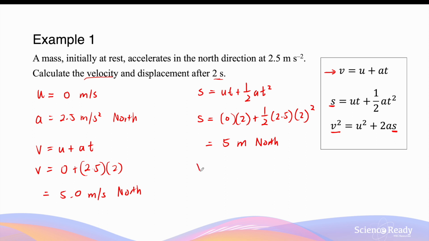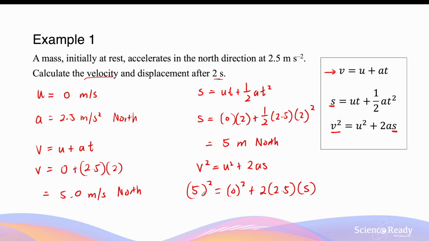We can also use the third equation. V squared is equal to u squared plus 2as. We know that at the end of the 2-second interval, the final velocity is 5 meters per second north. So we can do 5 squared is equal to 0 squared plus 2 times the acceleration, which is 2.5 meters per second squared, times the displacement, which is what we're trying to find.